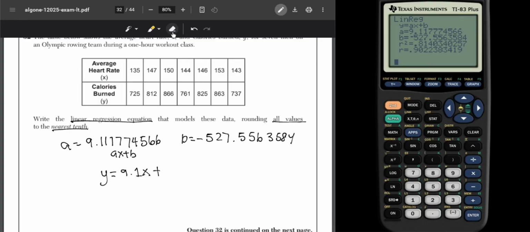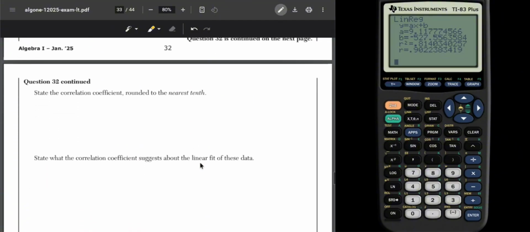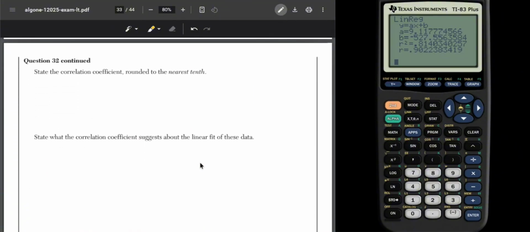So instead of plus, I'm going to do minus, and I'm going to round this to the nearest 10th, 527.6. That is your equation. Y equals 9.1x minus 527.6.